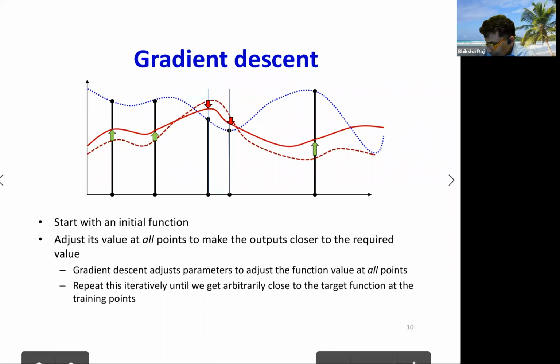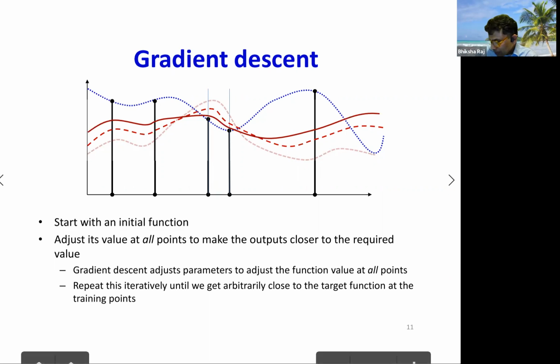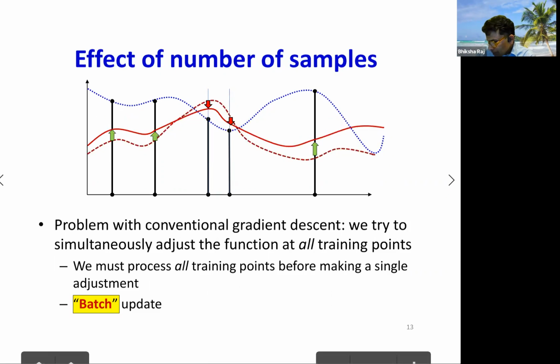And we'll keep iterating this process, each time trying to correct the error at every training point, until we get as close as possible to our target function. So this process, where we consider the total error over all of the training instances and update parameters to try to minimize this total error, is what we call batch update.